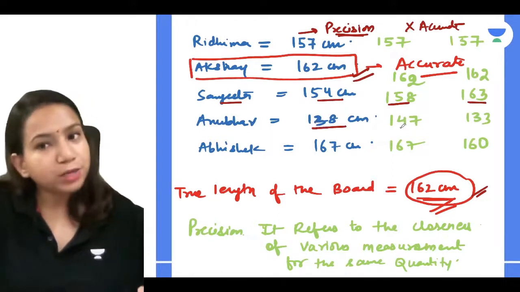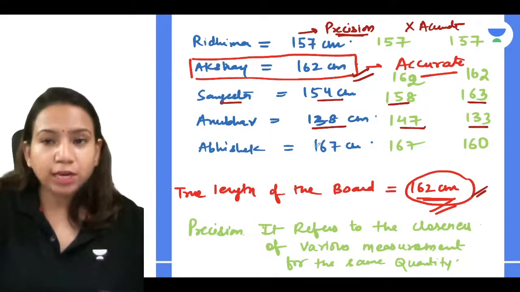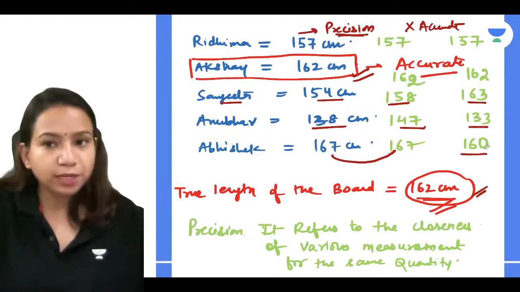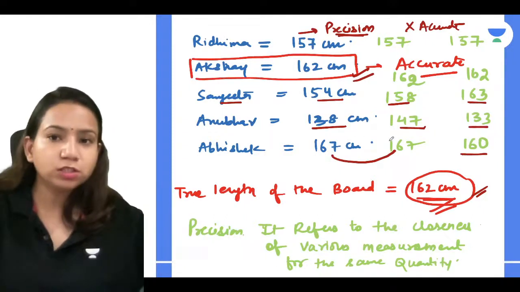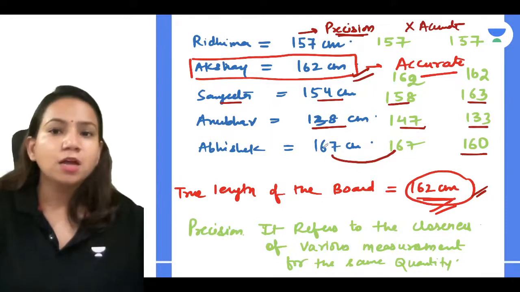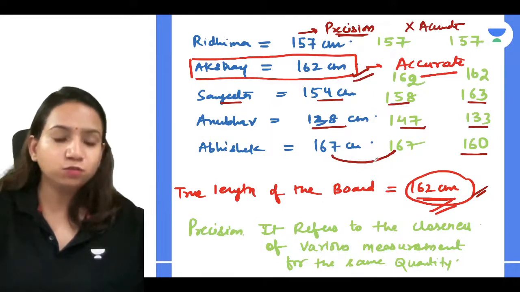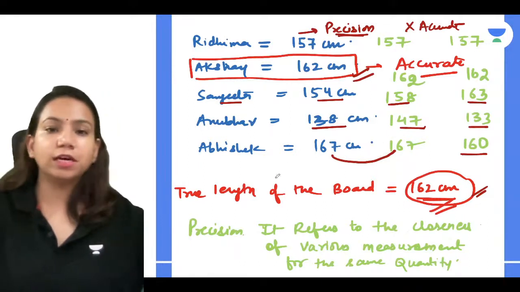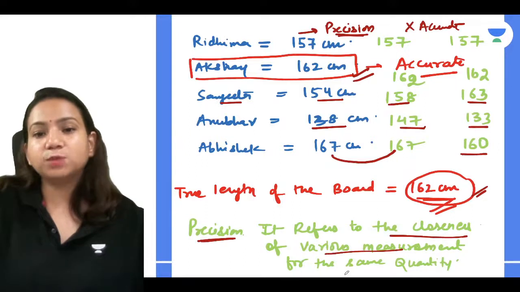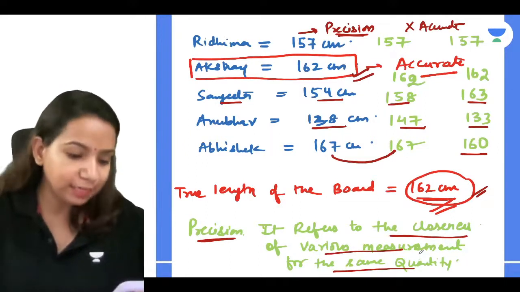Anubhav, not precise and not accurate. Abhishek, precise at 2 results but not accurate. So it's showing precision for the 2 values, third value not precise, since the values are close for 2 of them. So precision refers to the closeness of various measurements for the same quantity.